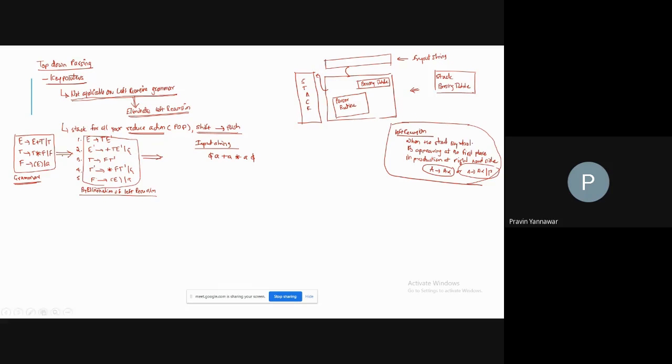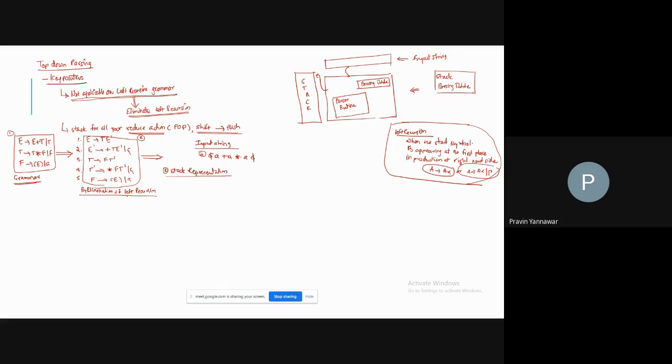So this is the first step, this is the second step, you have got an input string, this is the third step. Now the fourth step is stack representation. So let us recall the concept of stack representation in LR parsing. You have got some action part, input string and stack.